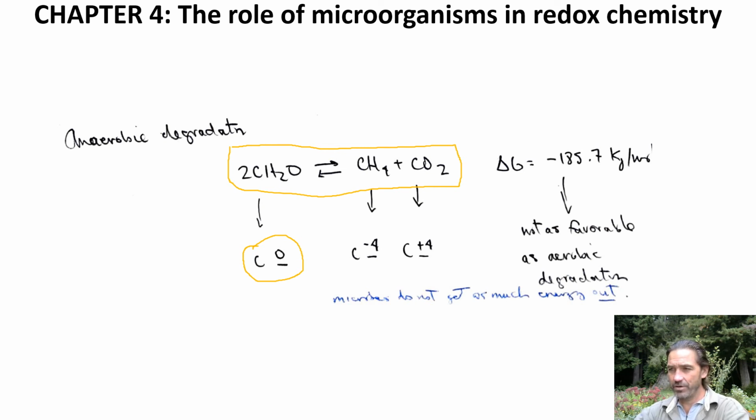Again, this occurs in the presence of microorganisms. And it is also negative. So remember what this means. It means it's spontaneous, but it also means that the microorganisms can get energy out of this process.